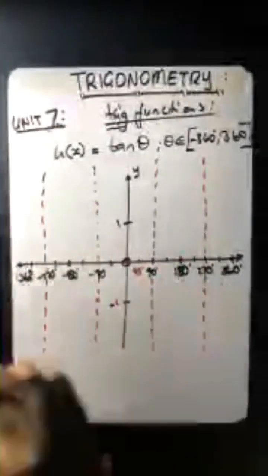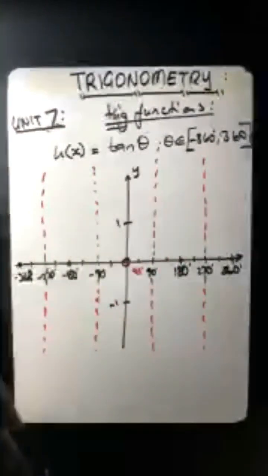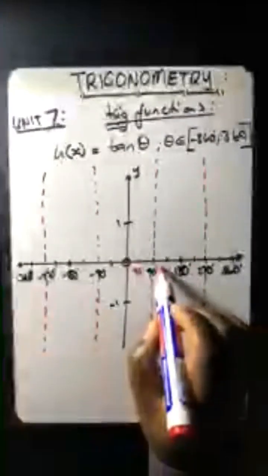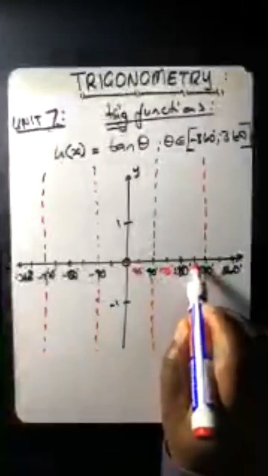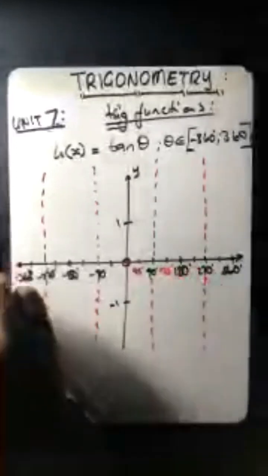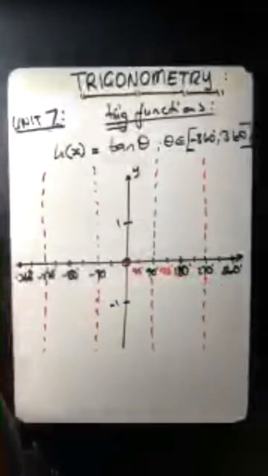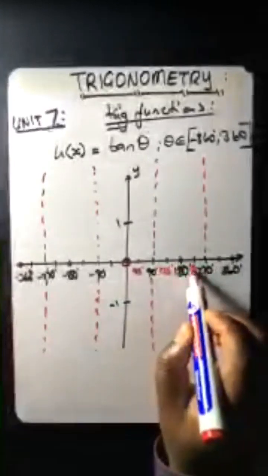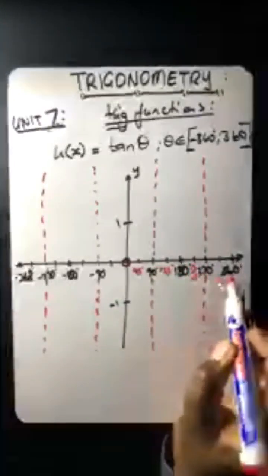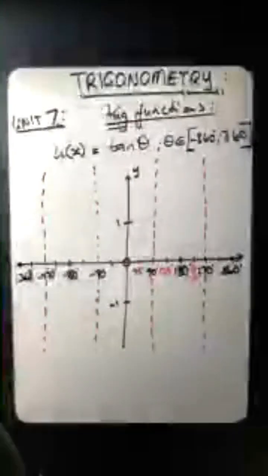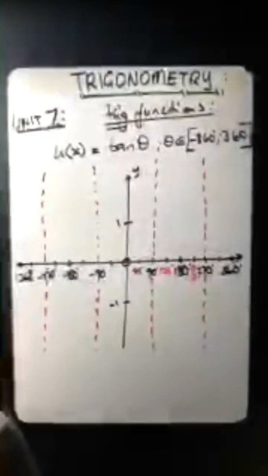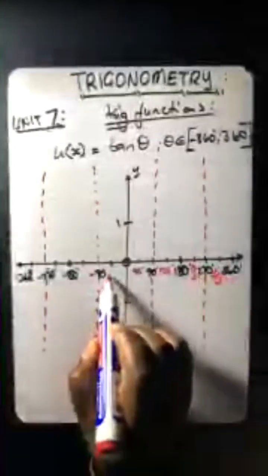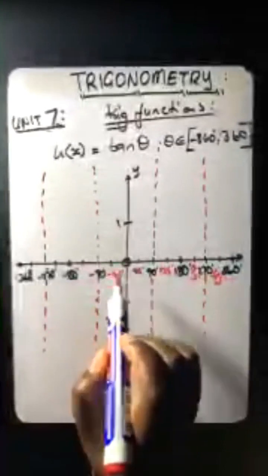This plus that, divided by 2, is going to give it. So 90 plus 180, then you divide it by 2, 135. This one, 180 plus 270 divided by 2, you get 225. 270 plus 360, you divide it by 2, it gives you 315. So you still have the same thing on this side, but with the negative values.